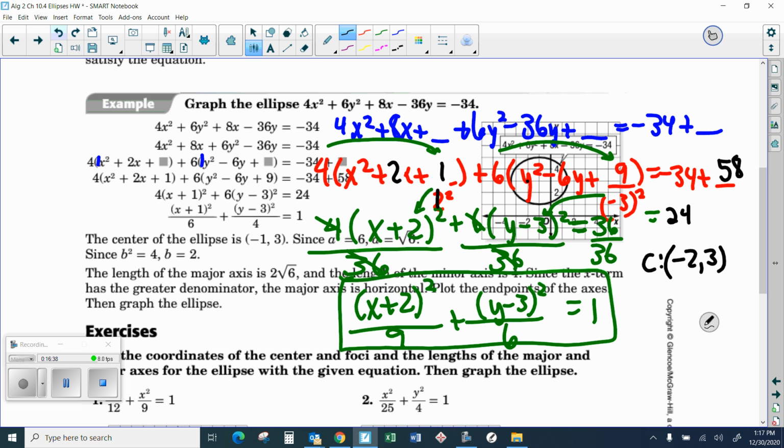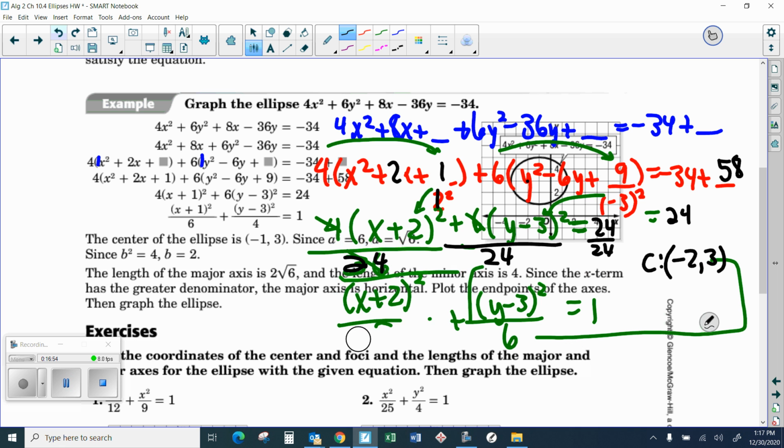So now I'm dividing by 24 because I have 24 here. 4 goes into 24 6 times, and 6 goes into 24 4 times. Equals 1. Okay, so center is now, that's not a 2, that's a 1.